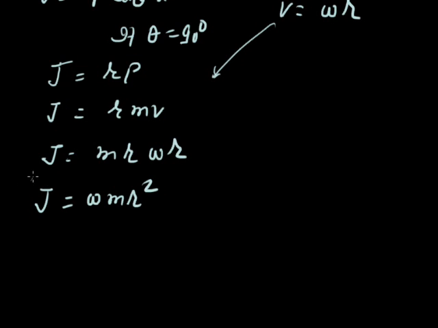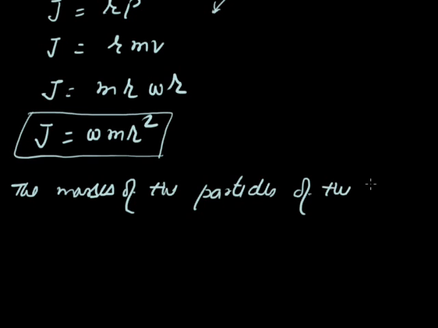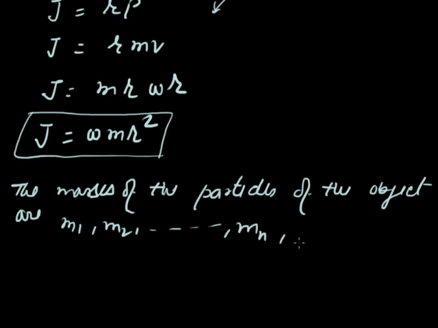Suppose an object is rotating about any axis, then it is made up of particles. The masses of the particles of the object which is rotating are m1, m2 and so on up to mn.